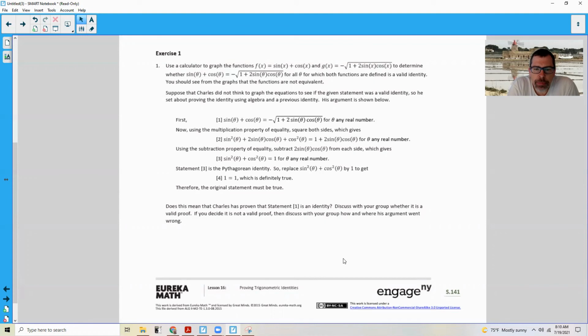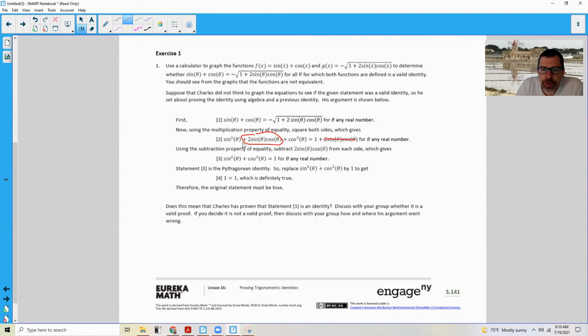Using the subtraction property of equality, subtract 2 sine theta cosine theta from each side. So what are they saying here? Let's follow along. He subtracted this from both sides, so that would cancel that, and it would go away here.